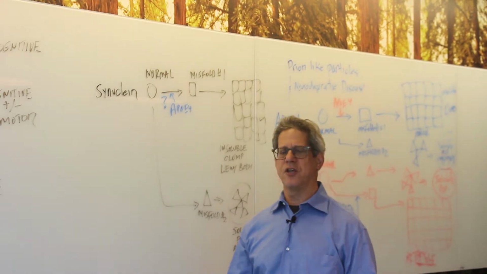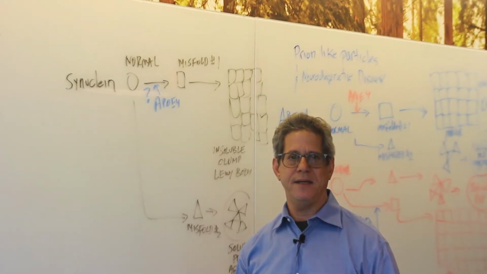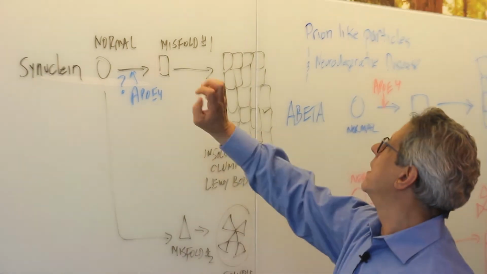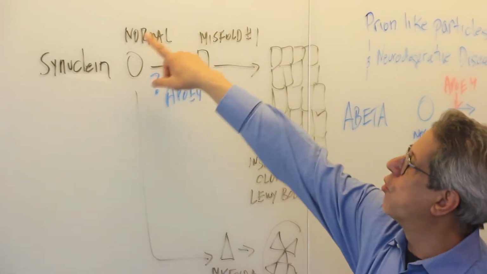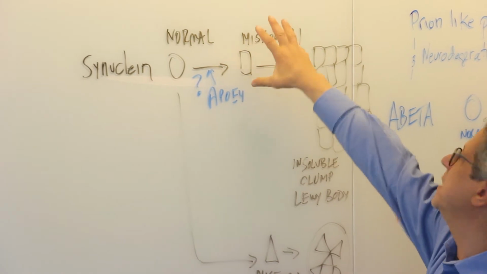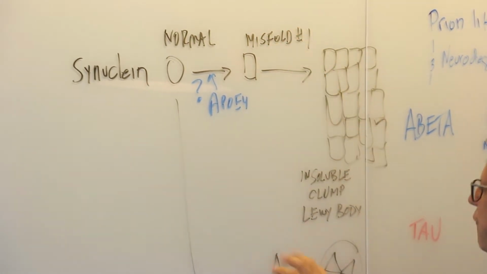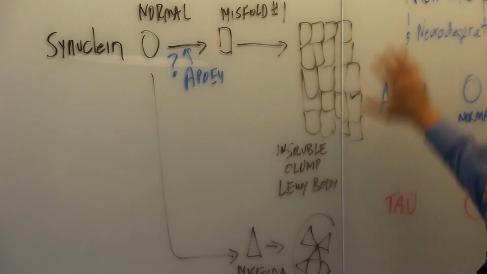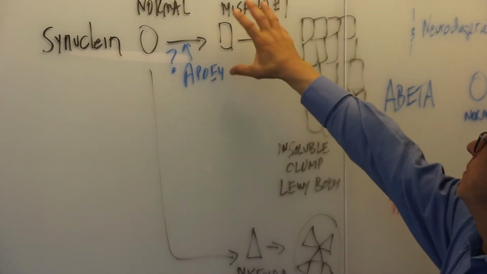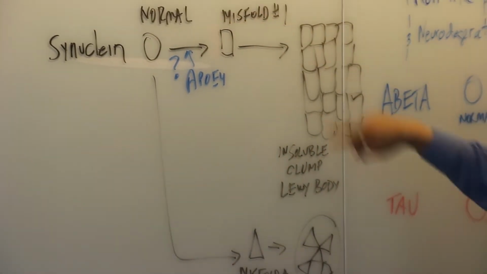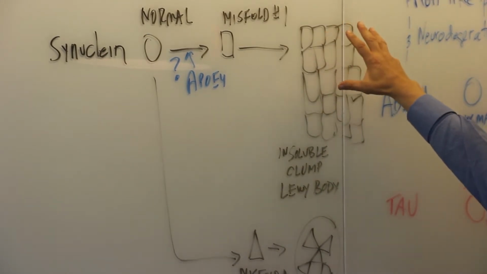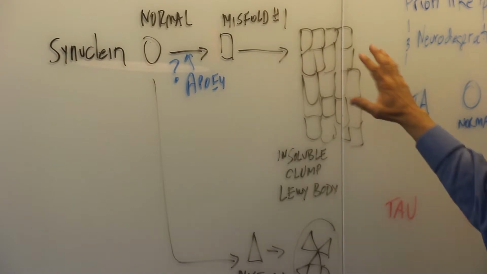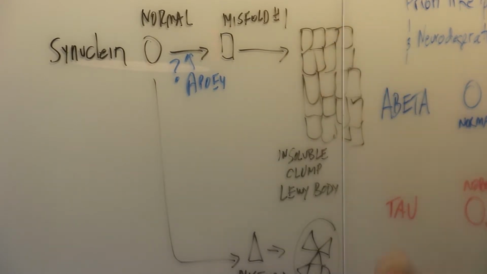Again, synuclein is a normal protein in the brain, which is necessary for normal brain function, but in certain cases, the normal form of synuclein can misfold into two different shapes, and they have two different structures that are formed. So if it misfolds in one shape, you get, again, very large aggregates which appear in the brains of patients with Parkinson's disease, and these are called Lewy bodies.